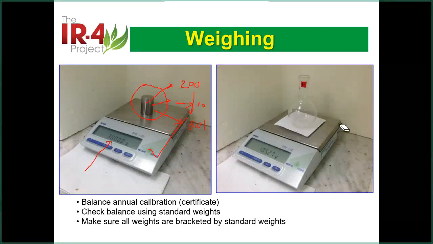Of course, it's always a good idea to put something to protect the balance. I put a piece of weighing paper down there. Sometimes you will get some kind of condensation if you weigh a wet sample or cold sample. This is my own work. I always do two labels. One is the label, and one is writing directly on the bottle.